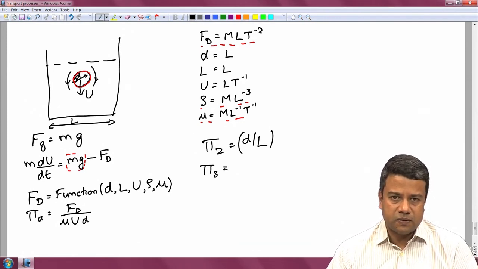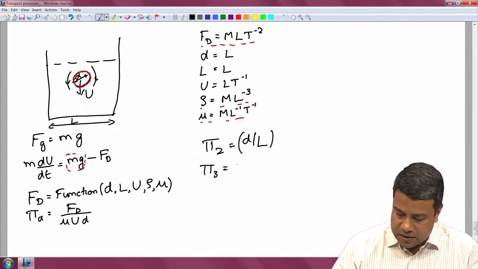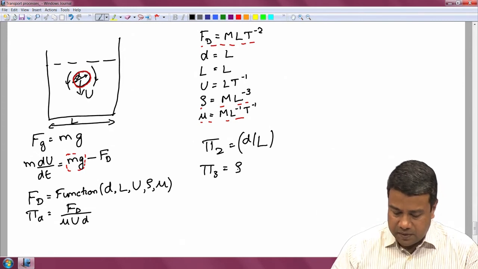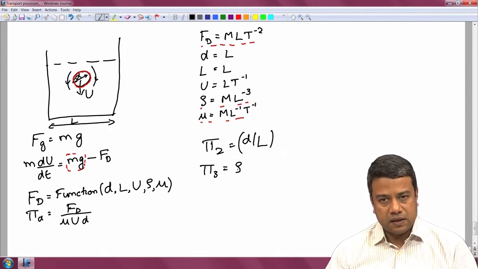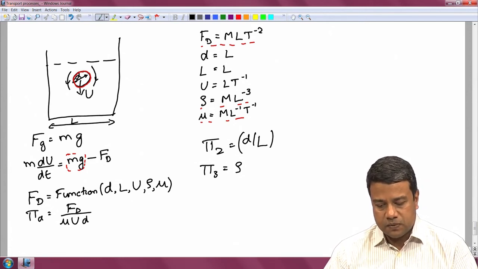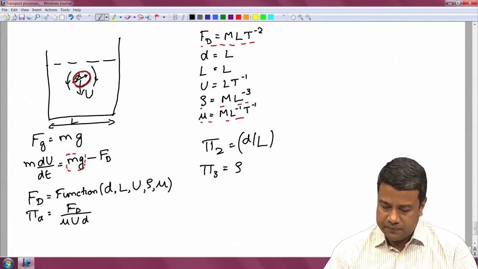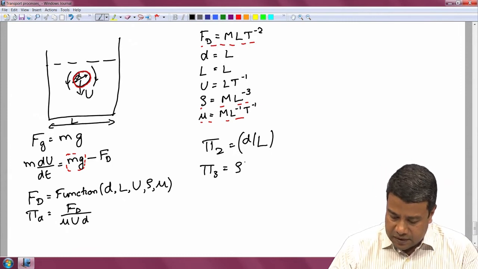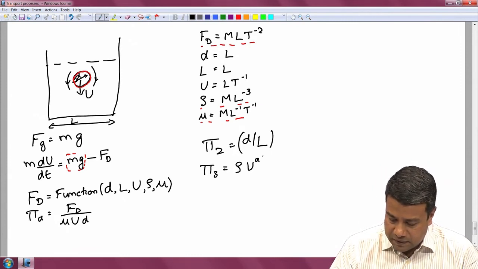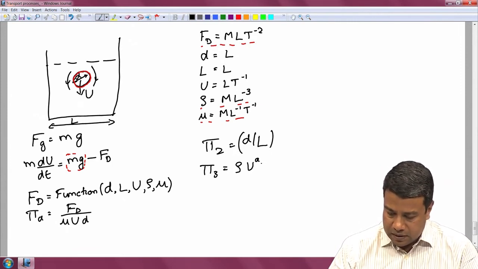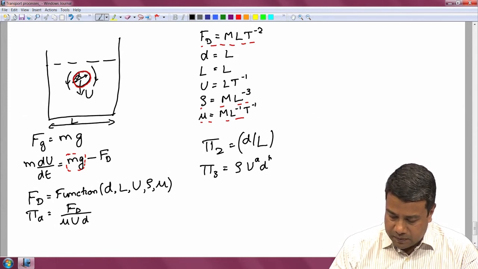So, it is a valid way to do things. I will just choose the density to the first power, because we have not yet used it in any of our calculations. So, the dimensionless group will contain the density to the first power, the velocity to the power of A, the particle diameter to the power of B times the viscosity to the power of C.